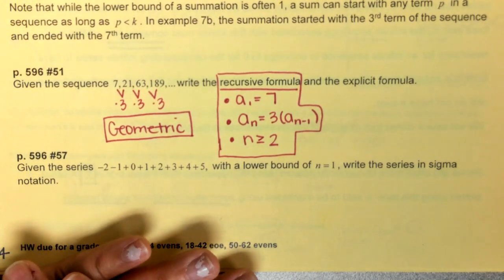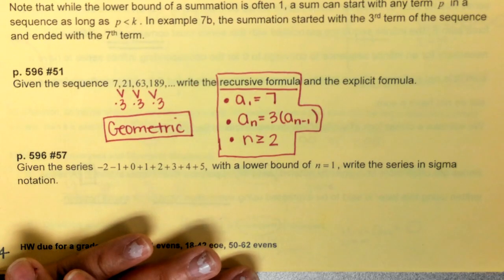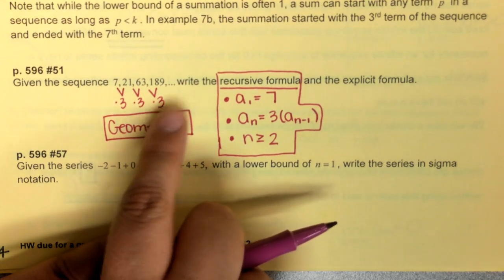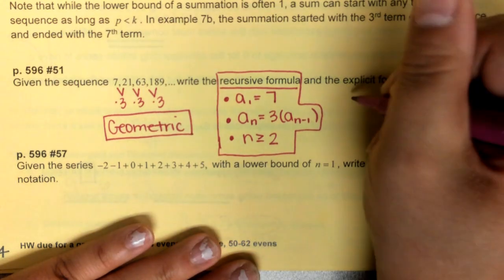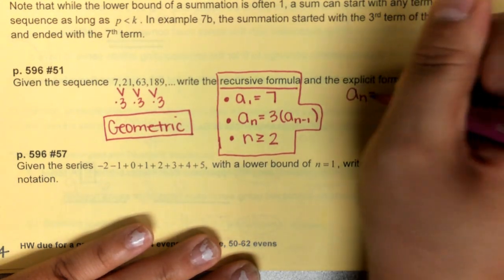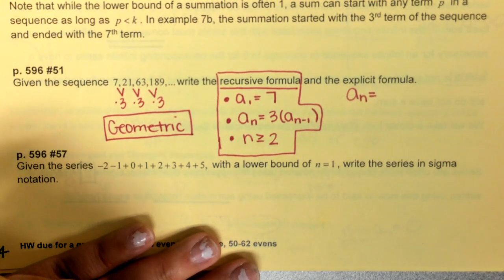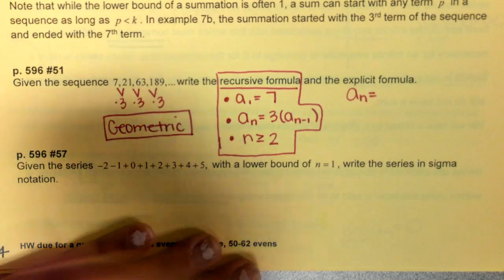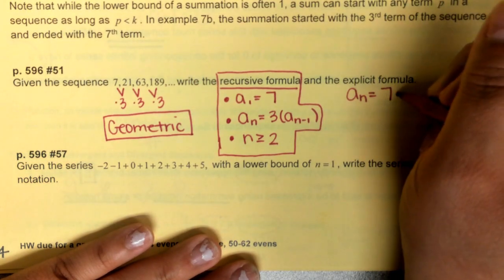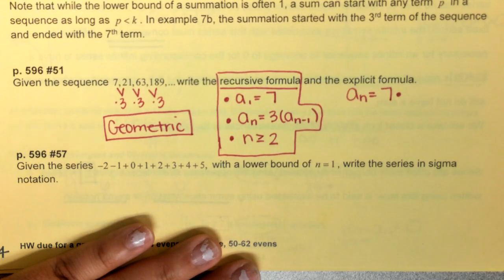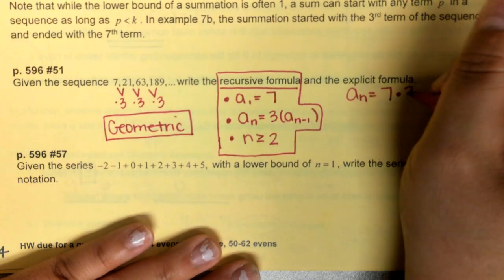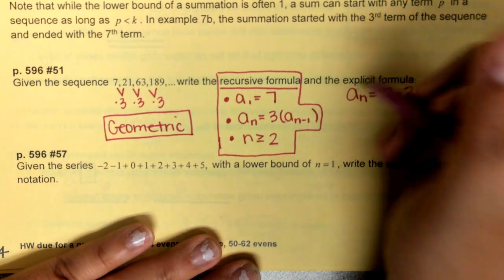The explicit formula I did not teach you, so I'm going to tell you how to do it now. If you're multiplying by the same number each time, your explicit formula will always be the first term. What's my first term? 7 times, what are you multiplying by? 3 to the n minus 1.